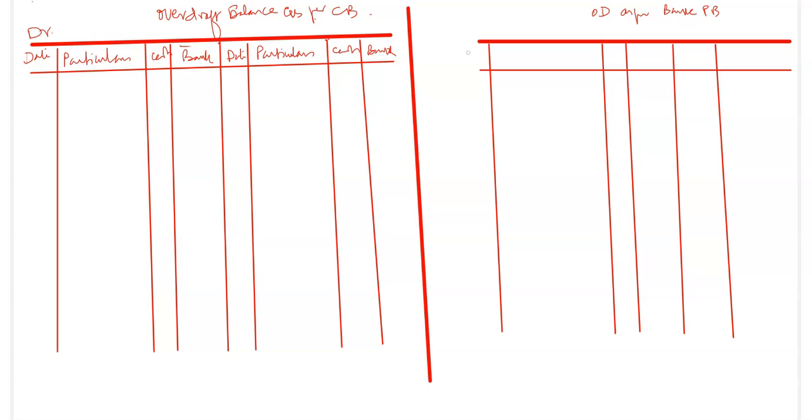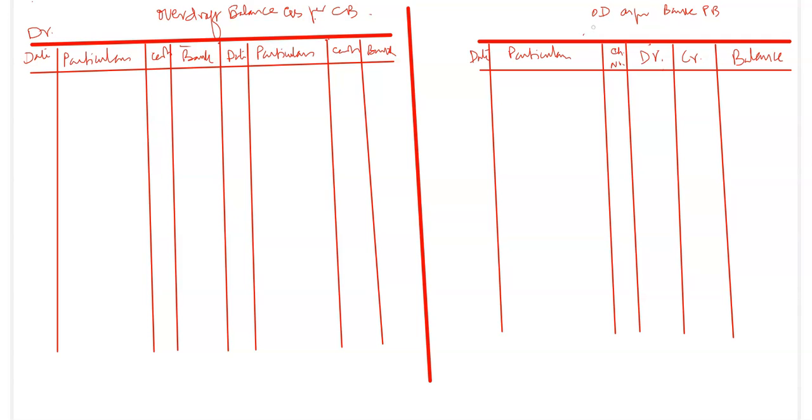In case of passbook also, we need to mention the headings like date, particulars, check number, debit or withdrawal, credit or deposit, then balance.